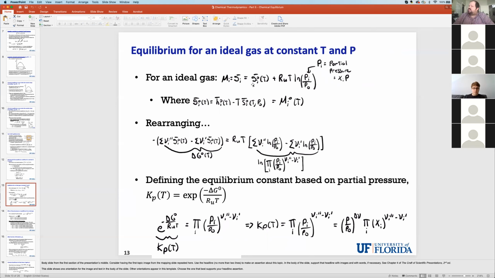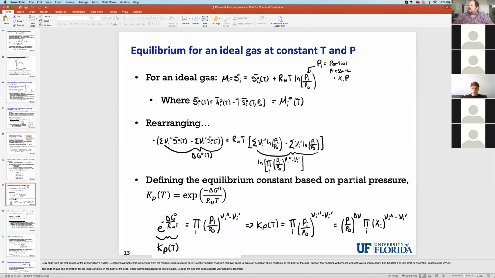It is the Gibbs free energy at a reference pressure P naught at temperature T, and this P naught is defined to be 1 atmosphere. Okay, and then we add R_u T ln P_i, which is the partial pressure of species i, and the partial pressure is just the mole fraction of species i times the pressure in the mixture.